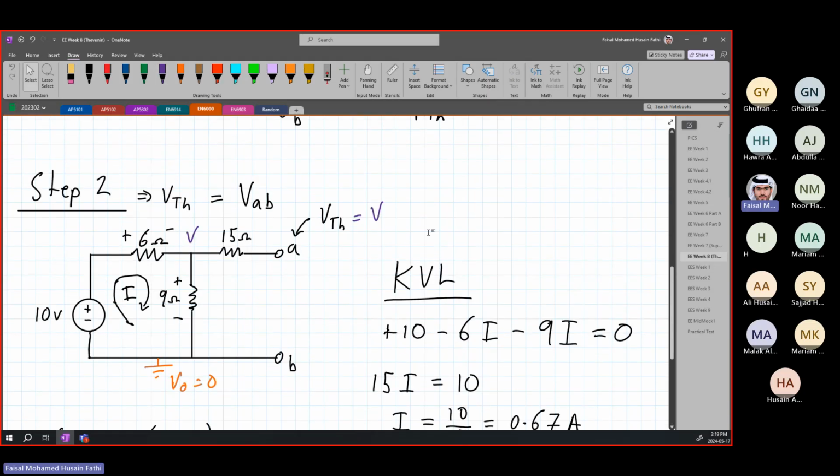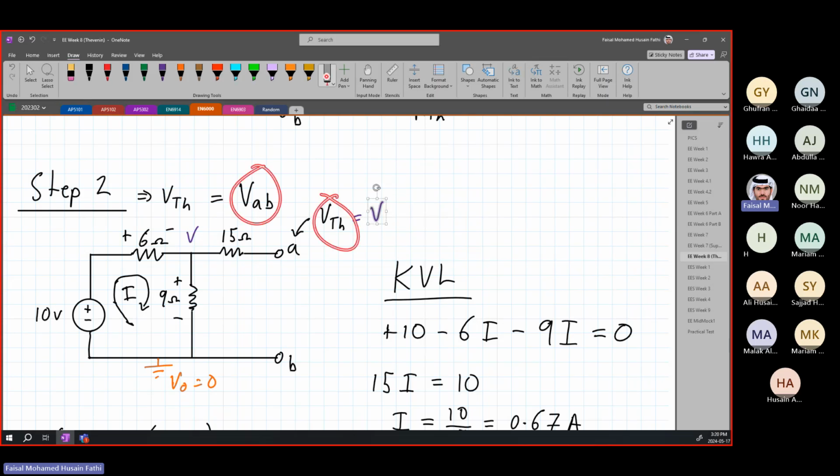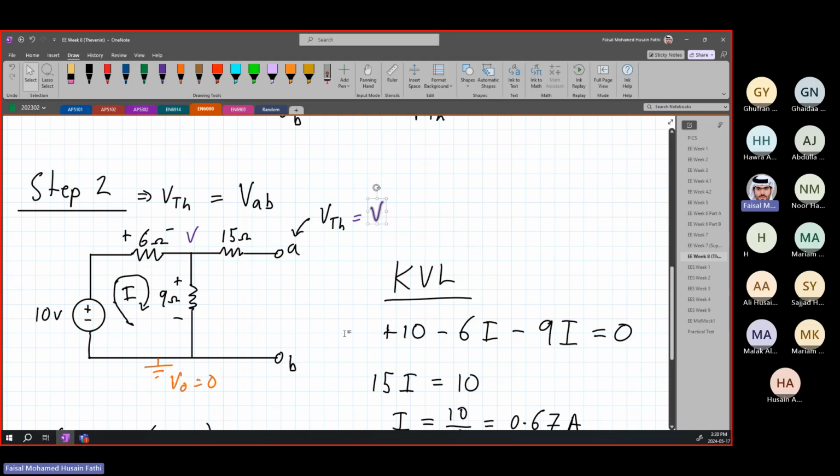And that's how we found our VThevenin, because earlier we have already determined that VThevenin is equal to V. Again, the reason is that VThevenin is basically VAB, the voltage at A. The reason VThevenin is equal to V is because there is no current flowing through here, or assumed to be no current when you're trying to find VThevenin.